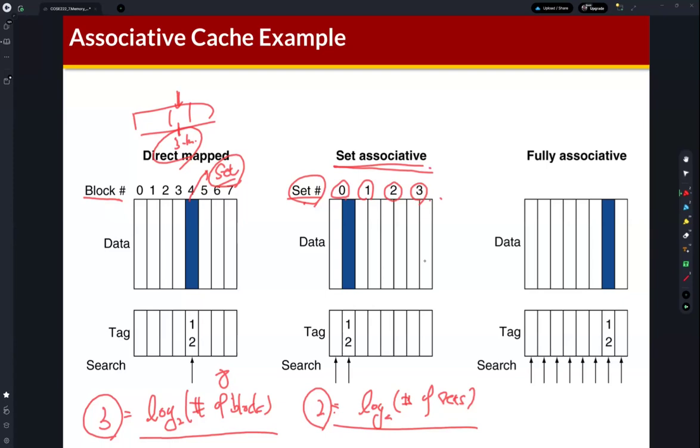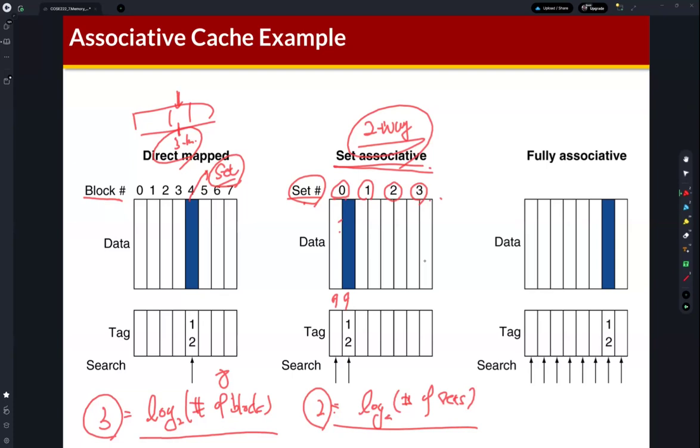Using this field, we decide the set index. This is a two-way set associative cache, so what does that mean? In a single set, we can include 2 cache blocks. We can store the newly allocated data in one of the 2 cache blocks in the target set.